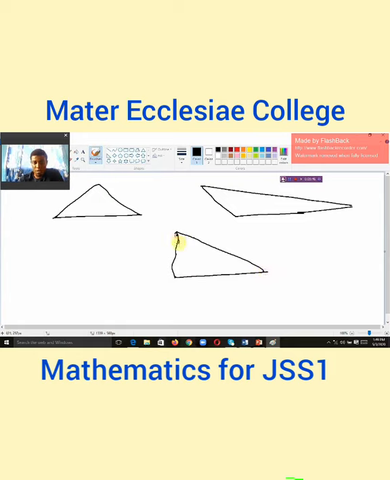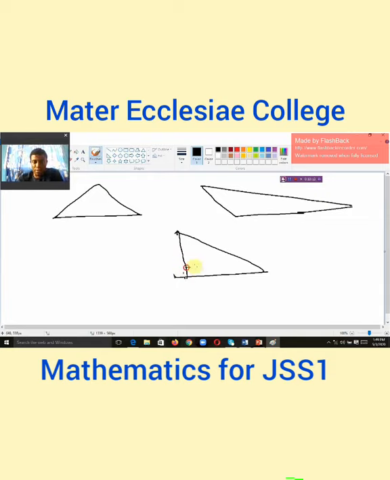This should be a straight line. Okay, I think this is better.